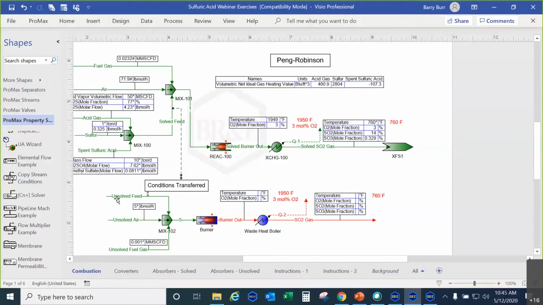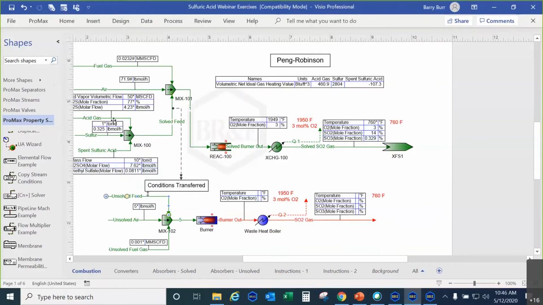So this unsolved feed stream is an exact copy of this solved feed stream, and I can make any changes to the mix of sulfurous feedstocks or the air rate or the fuel gas. Well, no, actually only to the sulfurous feedstocks. I can change these. They'll affect the solved feed, and those conditions are transferred to this unsolved feed stream.